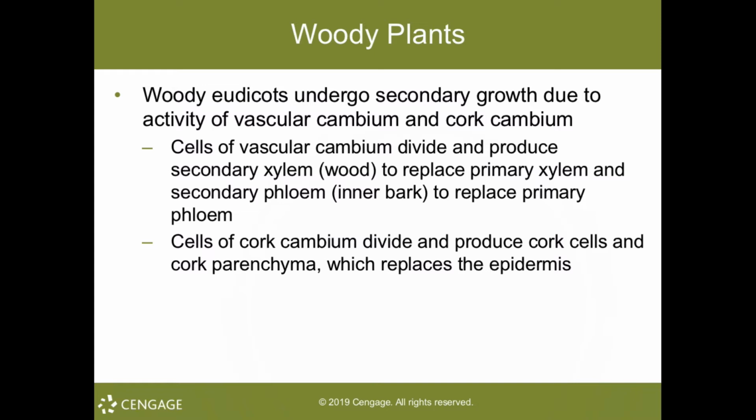Maybe it's apple, maybe it's hickory, maybe it's even pecan. So as it increases growth, in girth, it must have a way to transport these things laterally. So this is where rays come into play.